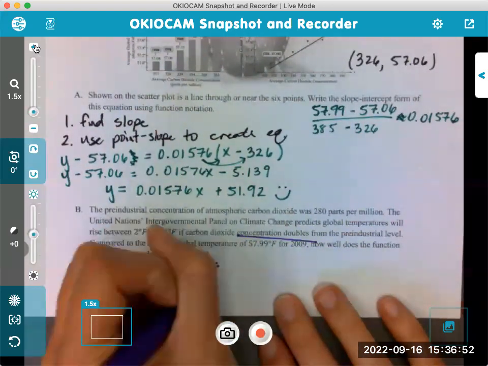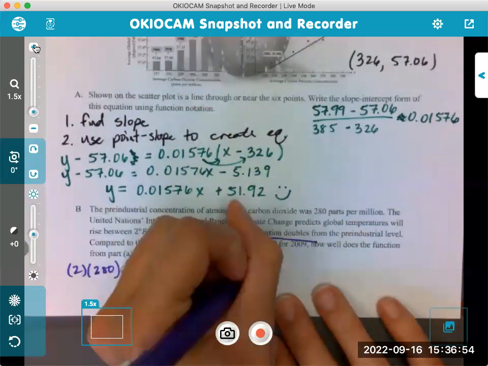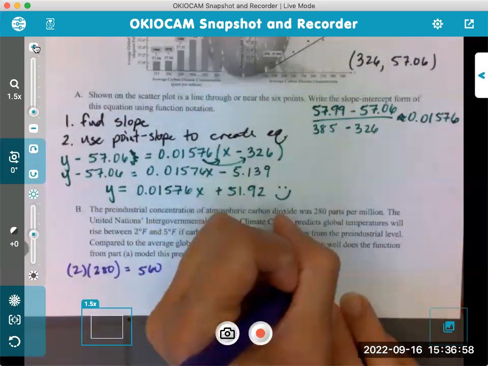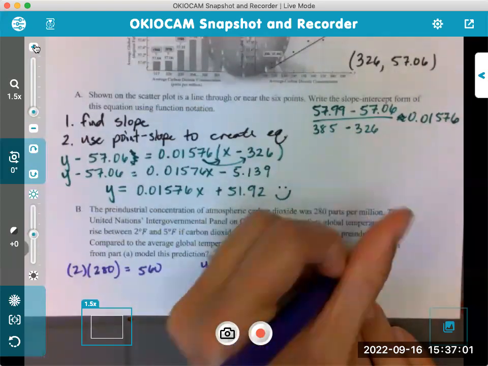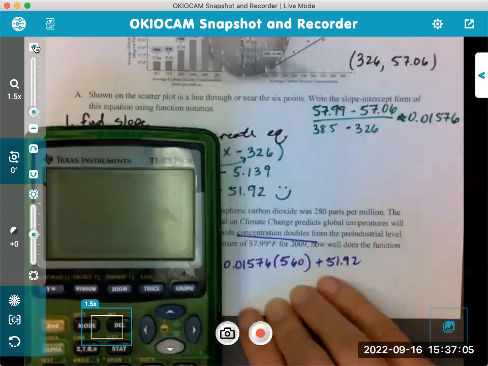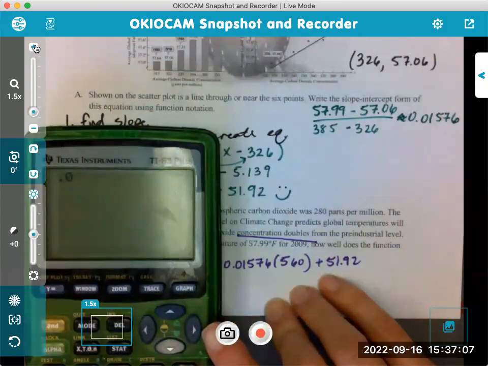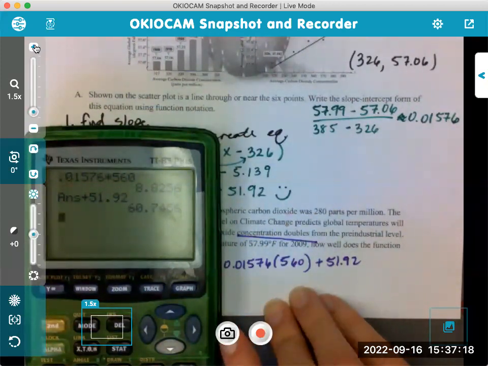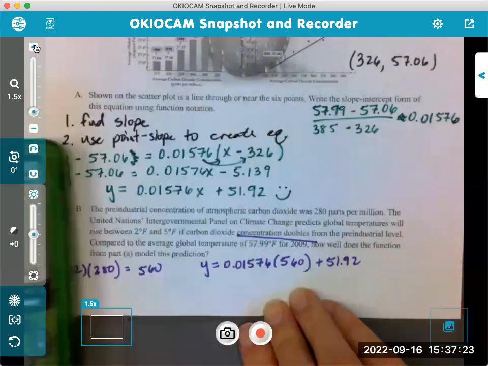So if y equals 0.01576 times 560 plus 51.92, I'm just going to pop this into my handy dandy calculator. 0.01576 times 560, enter, plus 51.92 is 60.75.